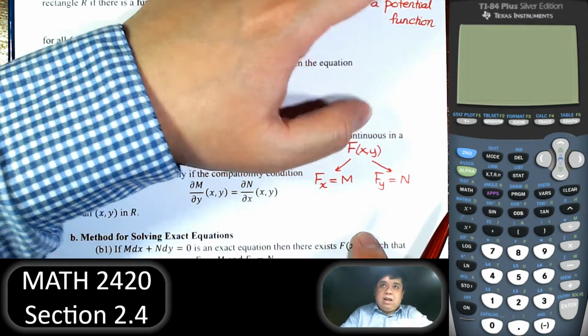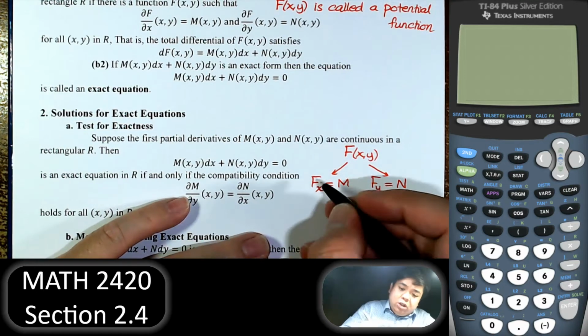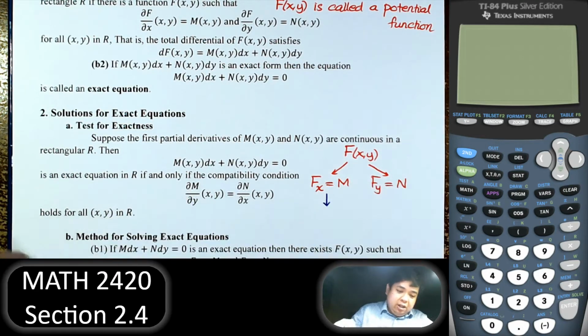Next, if it's like this, we will take the partial derivative with respect to y on both sides here.